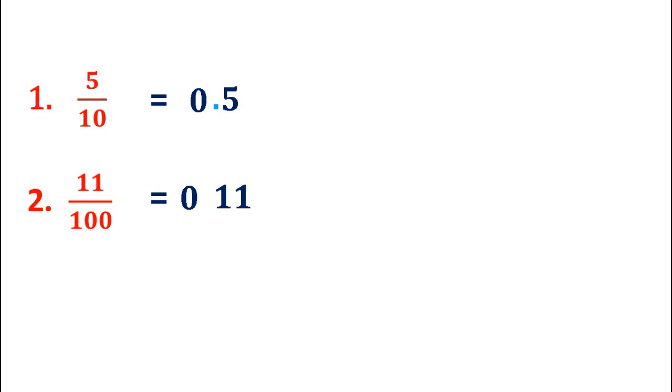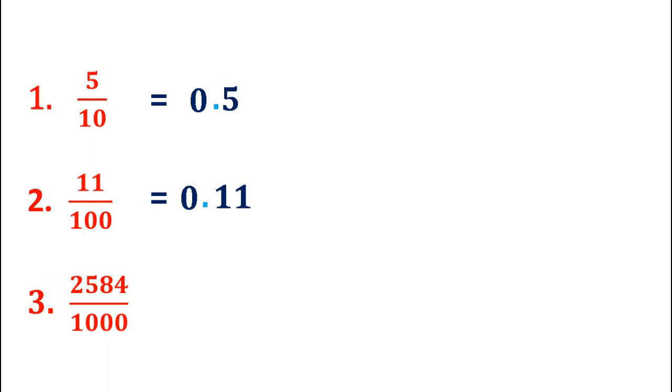Next, we will count 2 places starting from the right to place the decimal point, as there are 2 zeros in the denominator. Thus, we get the answer as 0.11.